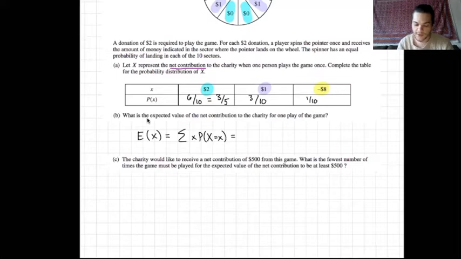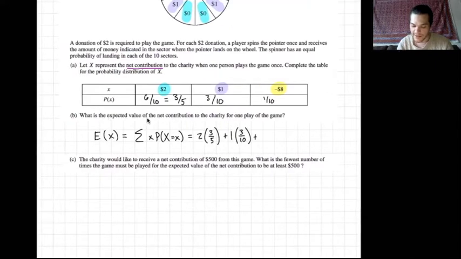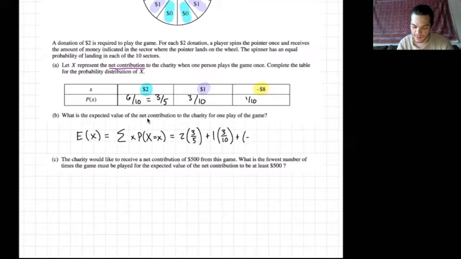So we want to take 2 times 3/5, 1 times 3/10, and -8 times 1/10. Pretty much a weighted average of all these numbers. We take the X value times its probability, the X value times its probability, the X value times probability, and all of this adds up to 70 cents.